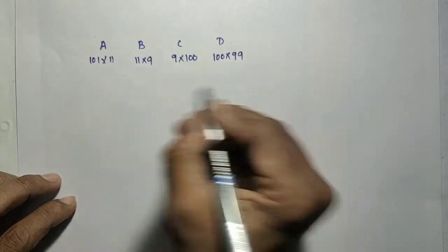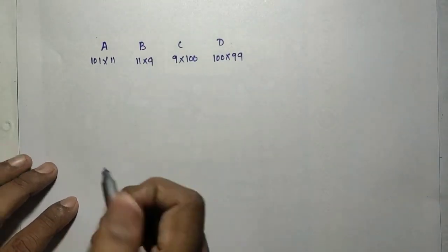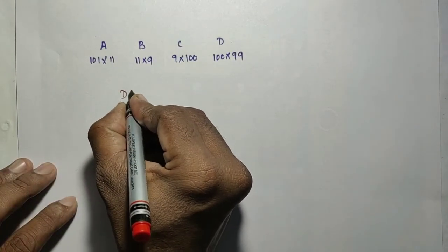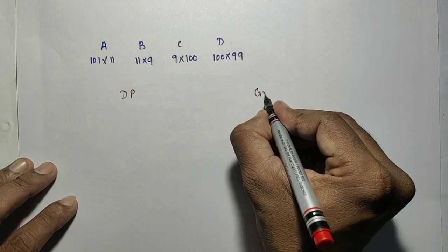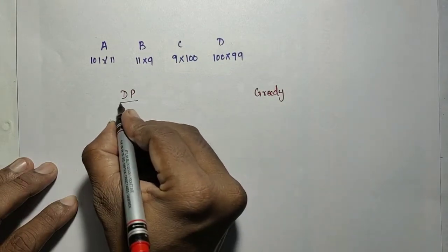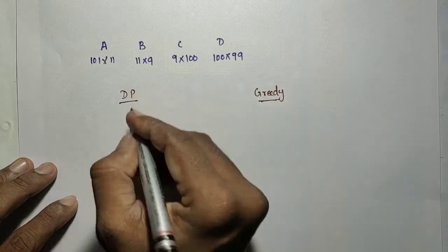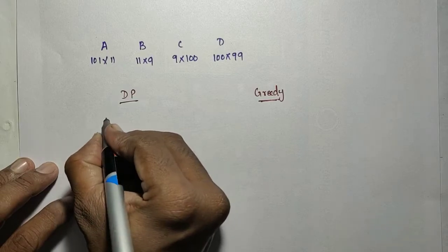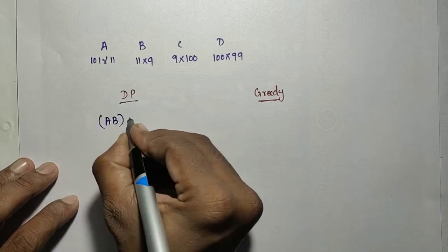So these are the dimensions of the matrices. Suppose you apply dynamic programming and greedy. If you apply dynamic programming, we obtain the result AB into CD.